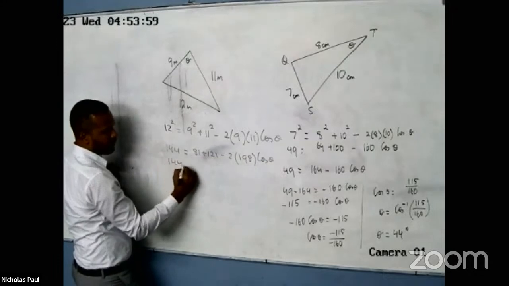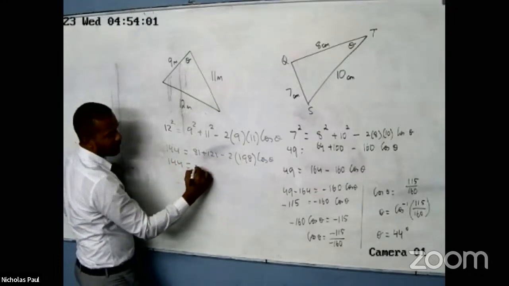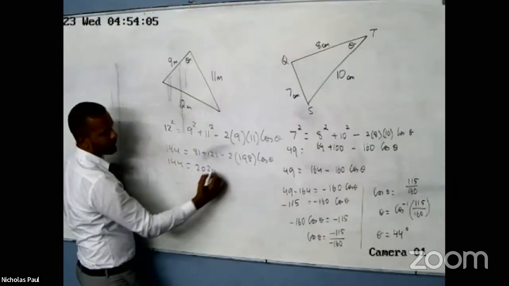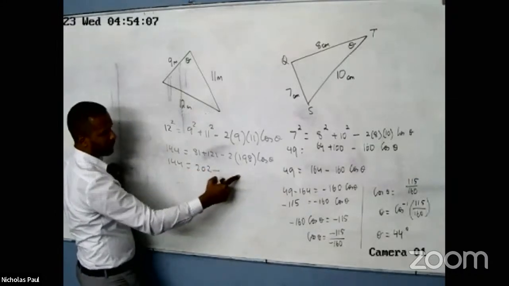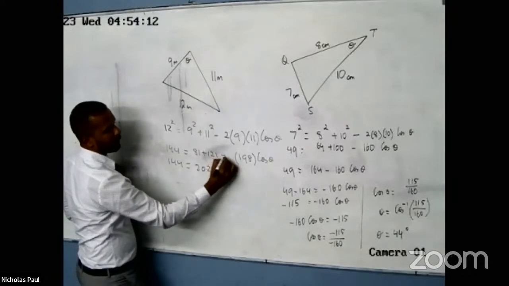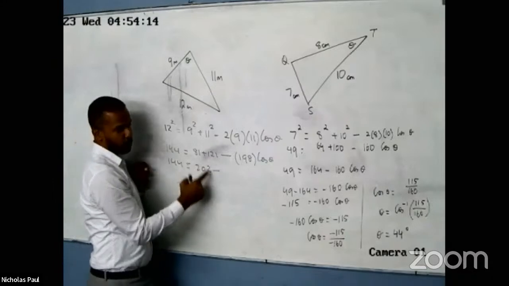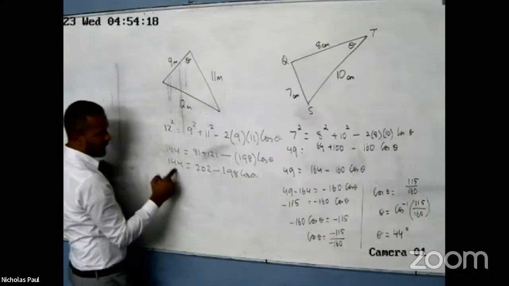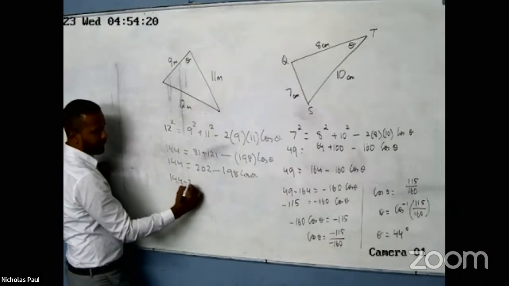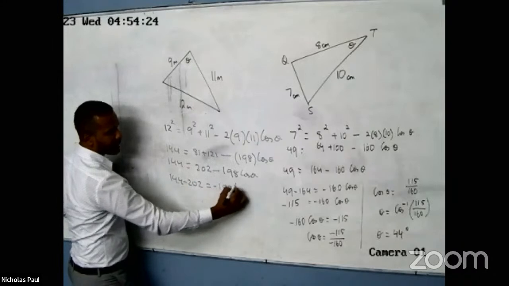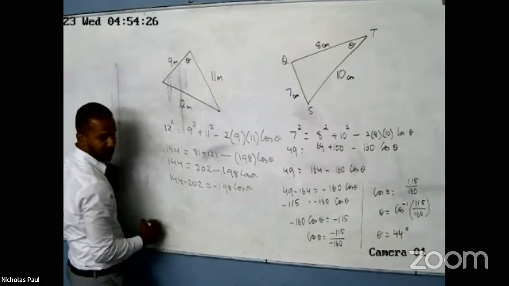So 144 is equal to 202 minus 198 cosine theta. Correct? The negative 2 is with the 9 and 11. This is 202, right? Carry this here. You'll get 144 minus 202 is equal to minus 198 cosine theta.